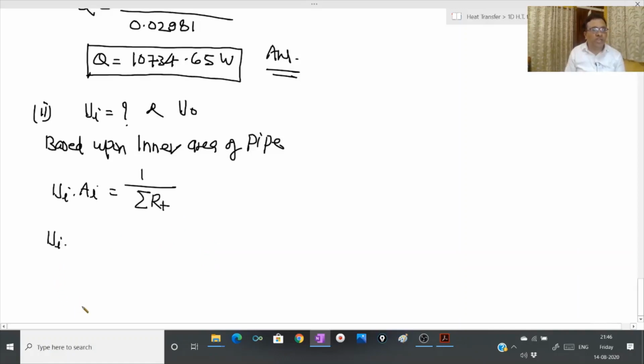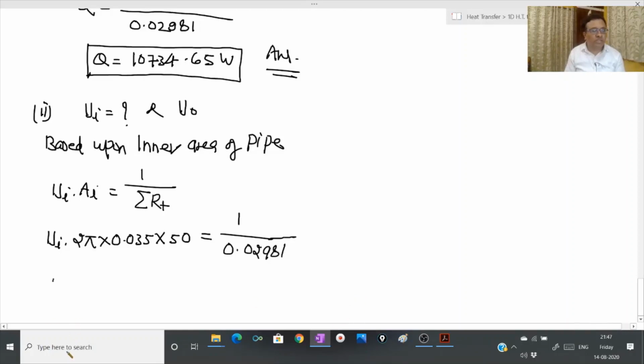So UI into AI is nothing but 2 pi R1. The value of R1 is 0.035, value of L is 50, and value of the total thermal resistance just now we have calculated, 0.02981.